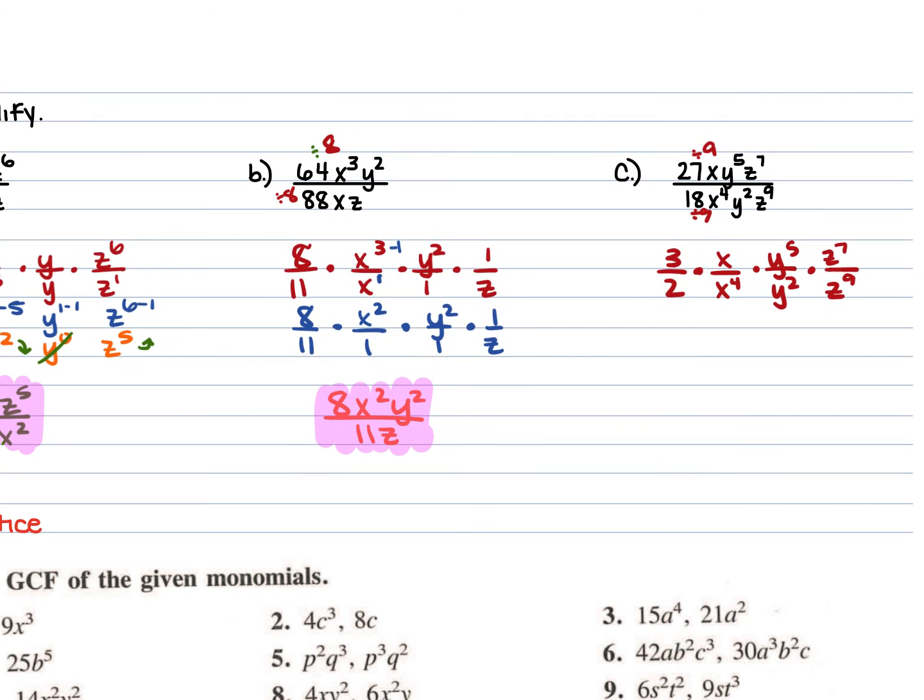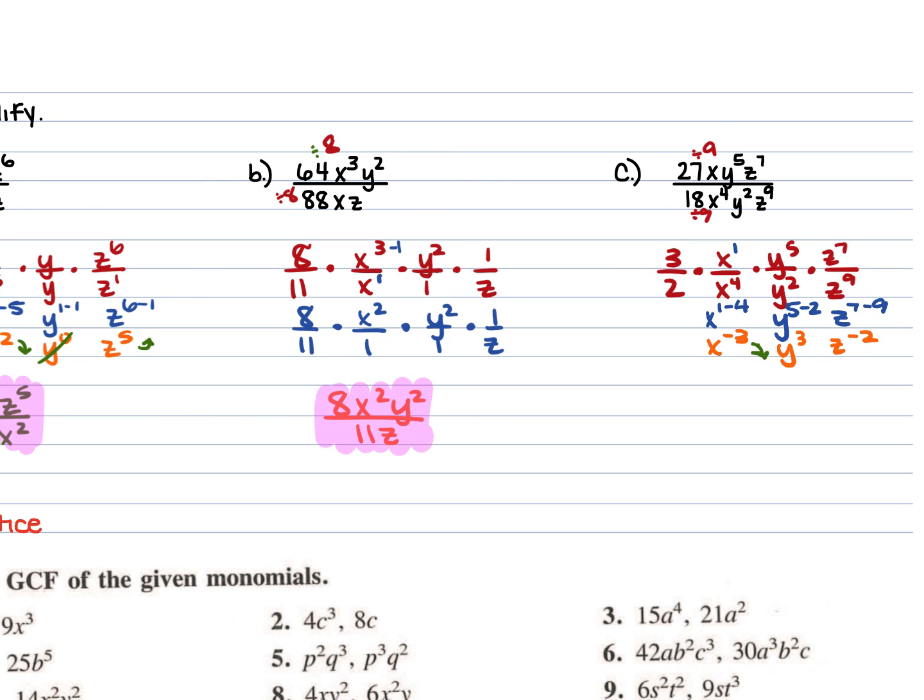This here, we are going to subtract our exponents. So the x to the 1st minus the 4th, the y to the 5th minus the 2nd, and z to the 7th minus the 9th. This gives us x to the negative 3rd, y to the positive 3rd, and z to the negative 2nd.